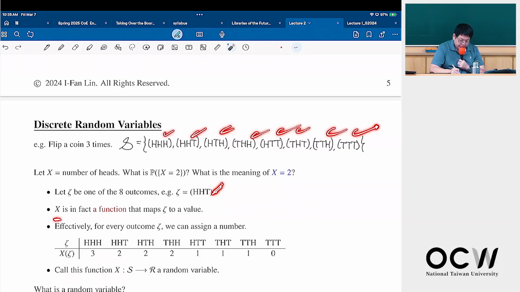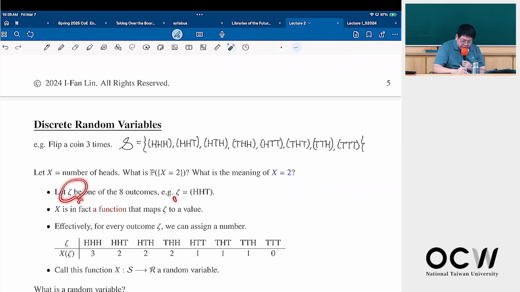Then X is the number of heads. X actually is a function that maps this C to a value, right? Because we say X equals 2. So I just map this possible outcome. I have head, head, tail.